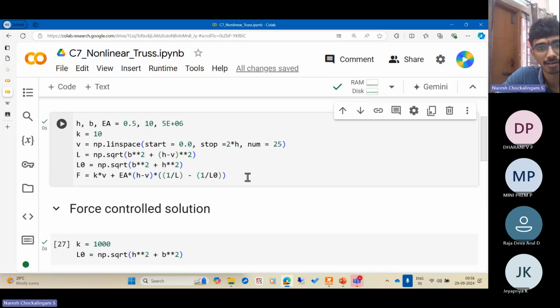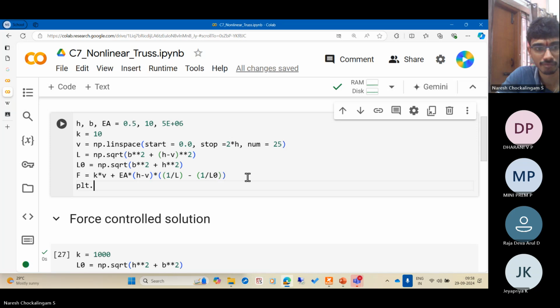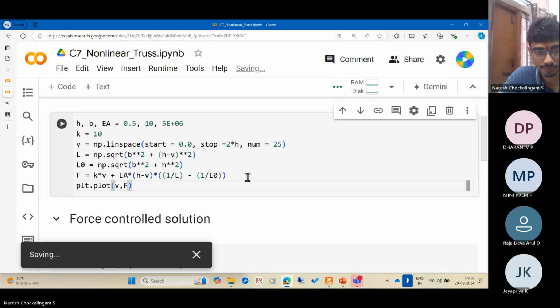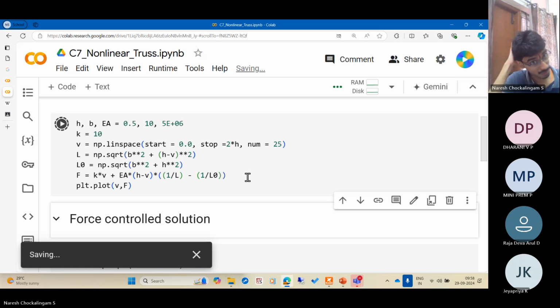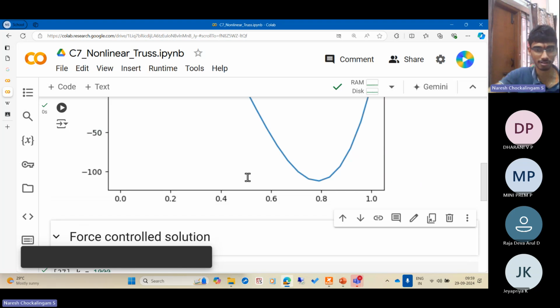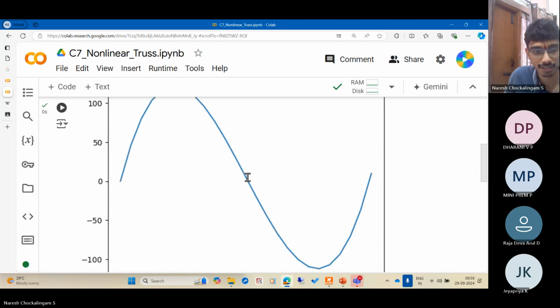And I can plot v comma F. Okay, so we got a plot. It's too big.